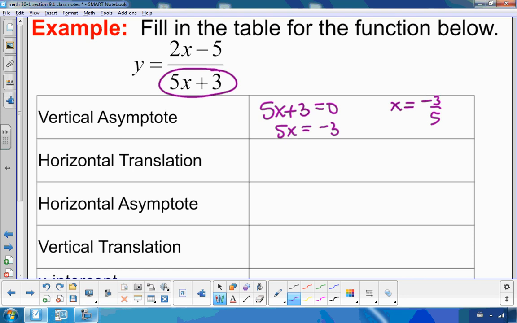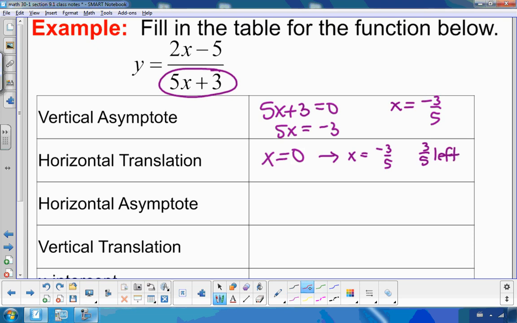Because it's negative 3/5, I know I have a horizontal translation because my base function had a vertical asymptote at 0, but it now has a vertical asymptote at negative 3/5. So I now know that this graph has gone 3/5 of a unit left.